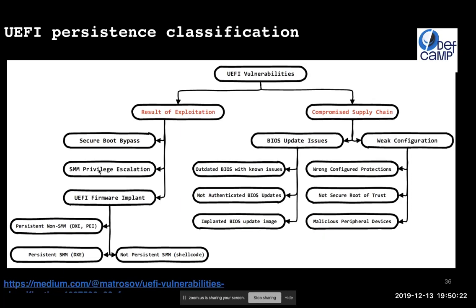Both of them are very big vectors and cause a lot of problems for security teams and CISOs inside companies, mostly because there are many different ways you can execute an implant on the platform. But I would focus for now more on the supply chain problem.